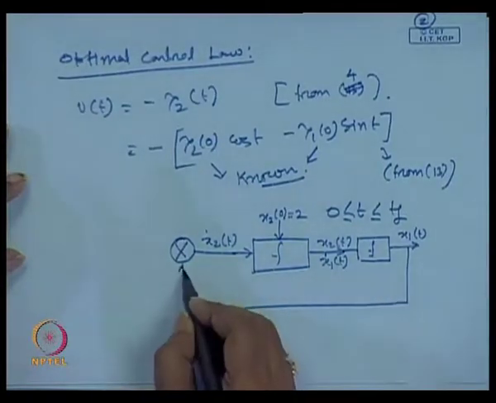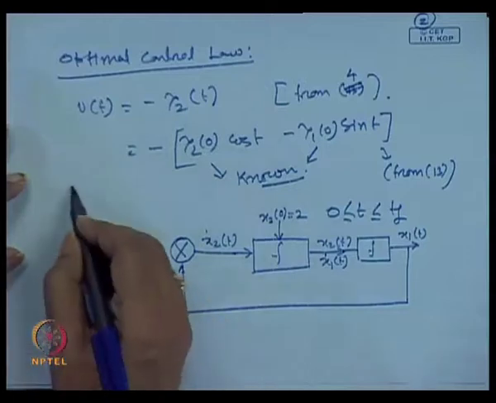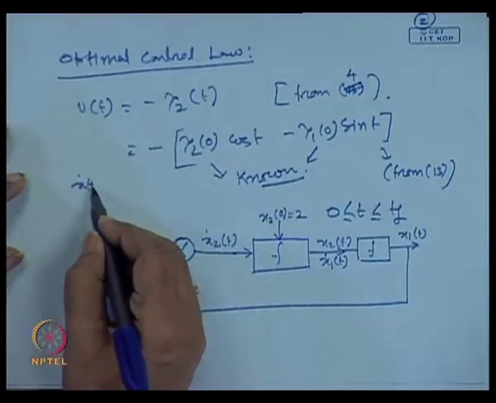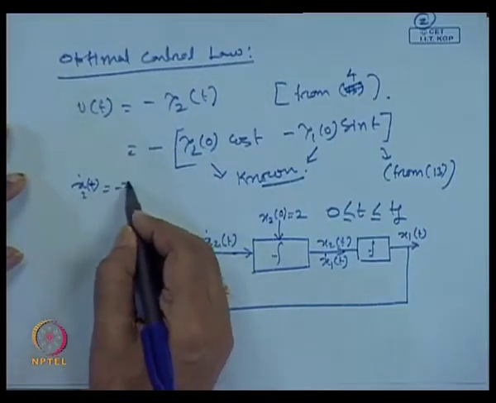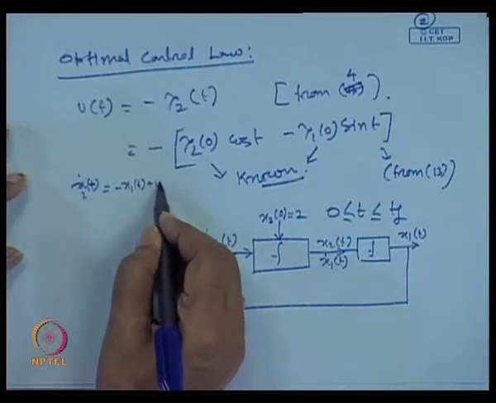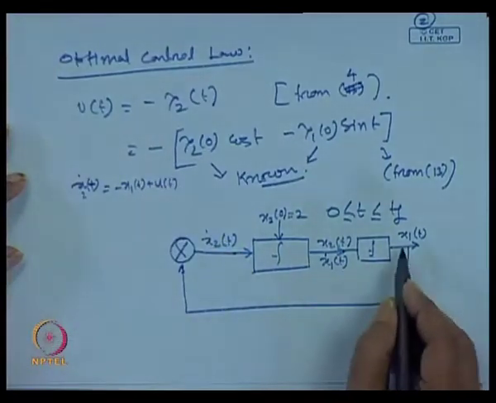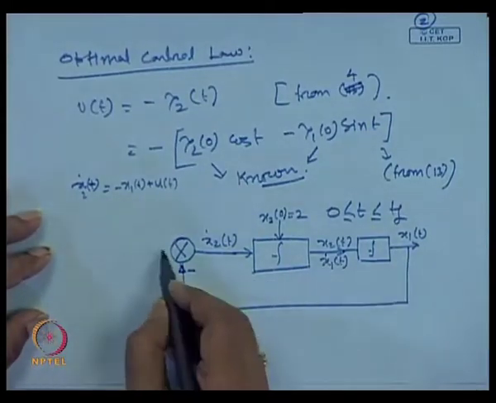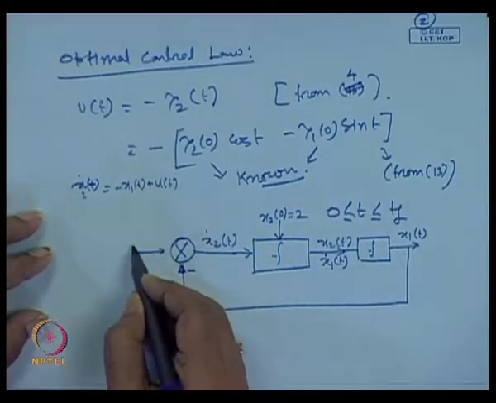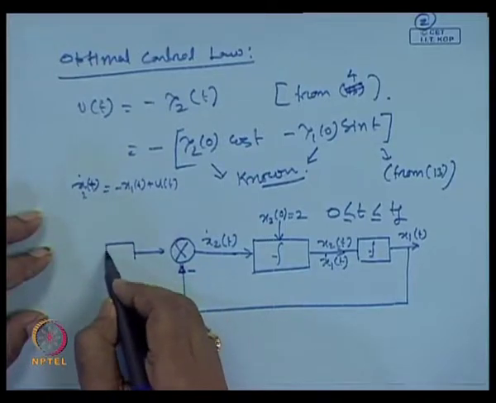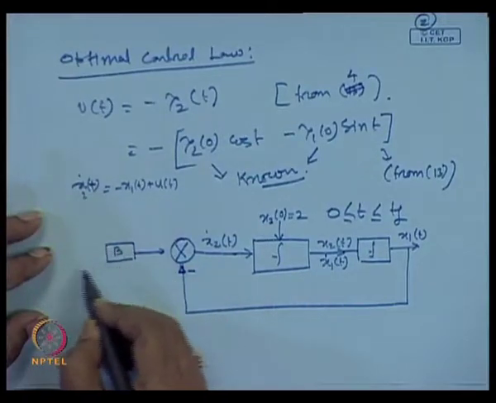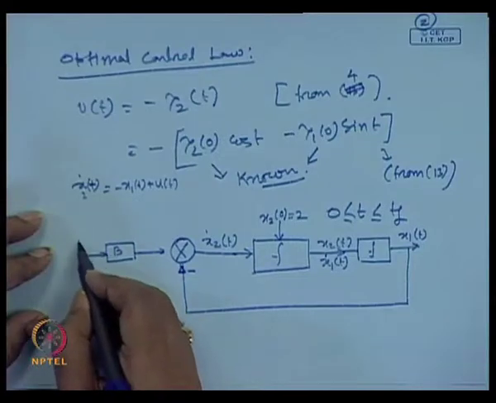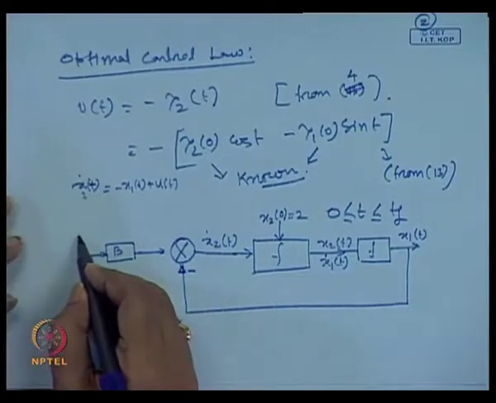If you see our basic equation, x 2 dot is equal to minus x 1 of t plus u of t. So, minus x 1 of t. There is another block, this is our b, and this is our u star, and where is u star coming from?